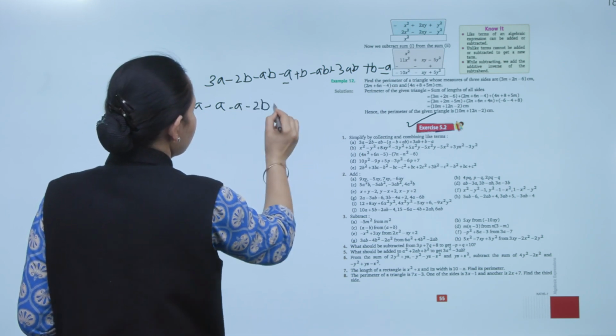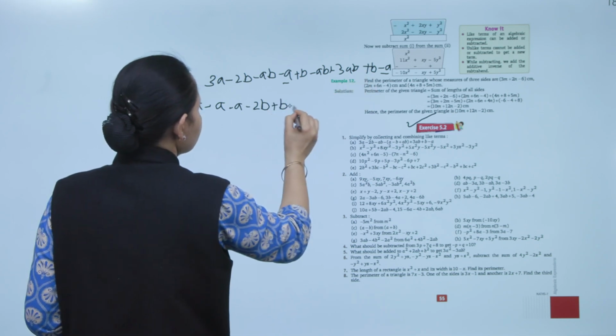So the b terms will be plus b and plus b.